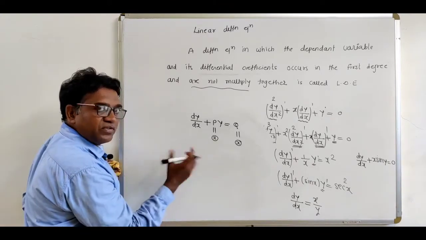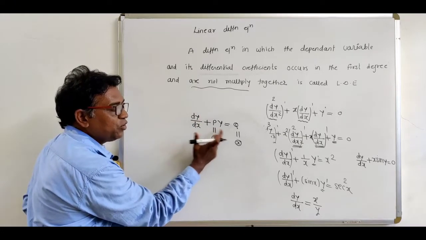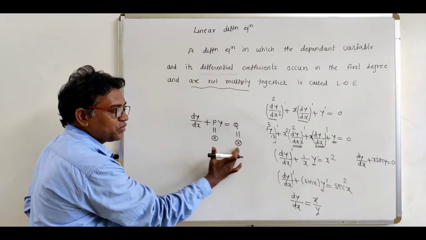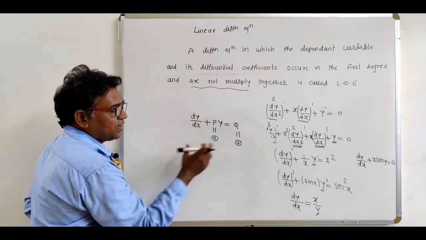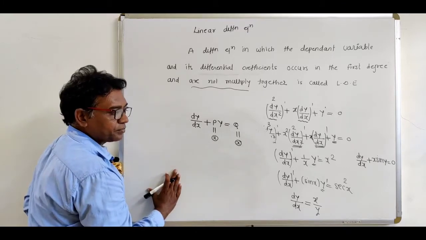A differential equation of the form dy by dx plus p into y equal to q, where p and q should be functions of x alone, is called a linear differential equation.